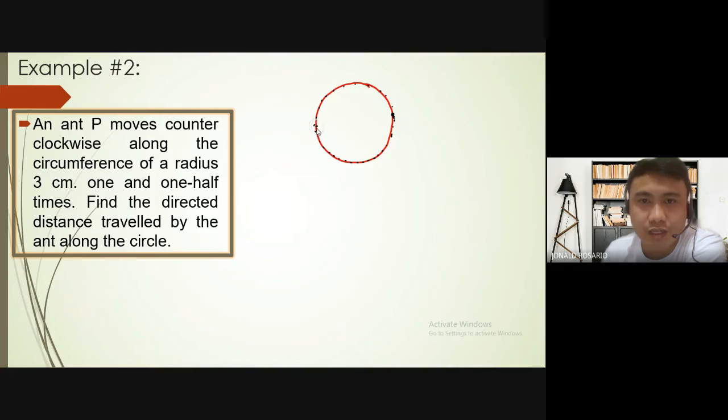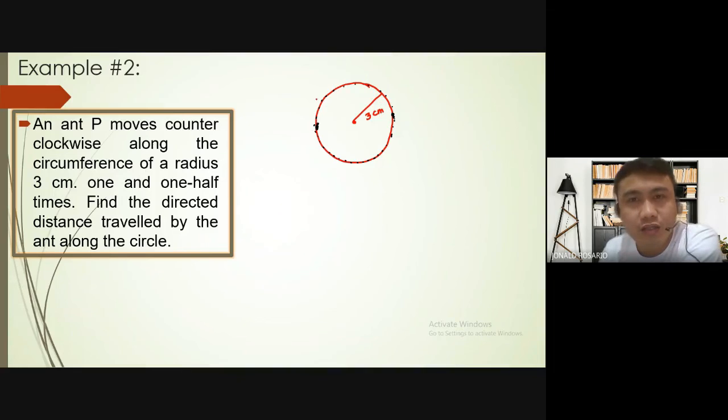Siguro nandito siya. Nandito yung ating ant. And given also that our circle has a radius of 3 cm. Okay, so we are going to find the directed distance traveled by the ant along the circle.